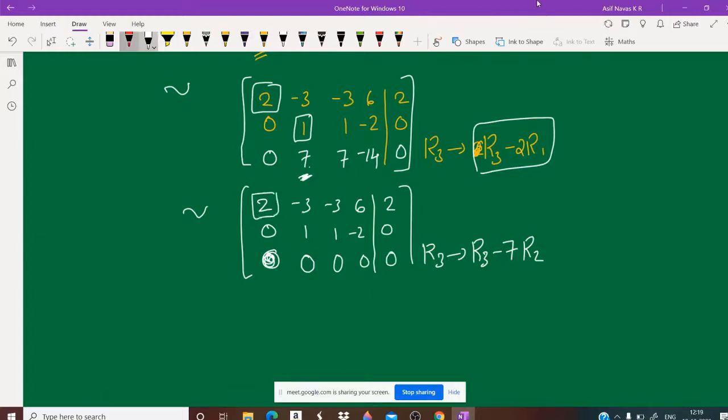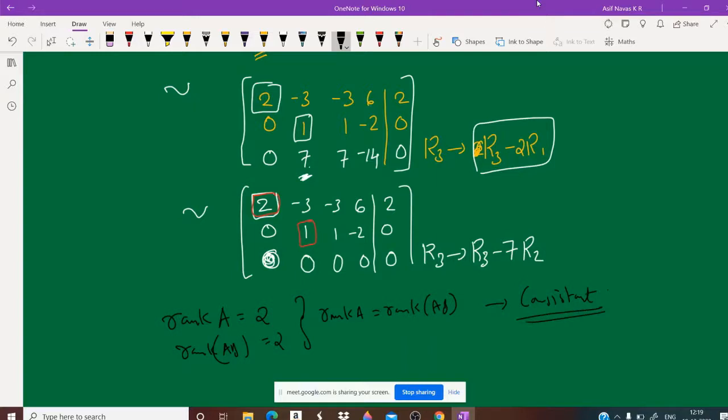So there are only 2 pivots, right? Now tell me what is the rank of A? 2. Rank of AB? 2. It is consistent, right? So rank of A is equal to rank of AB. This is consistent. That means a solution exists.